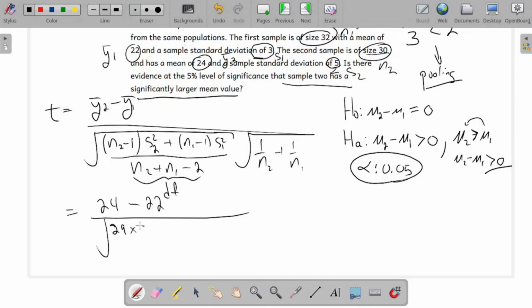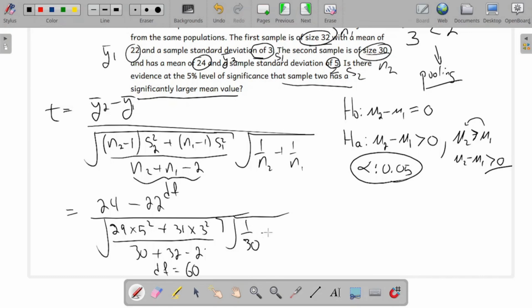And that is 5. First sample is size 32, so we put a 31 here, and its standard deviation was 3, so we'll square that. So we have 30 plus 32 minus 2, which means our degrees of freedom are 60. This will be 1 over 30 and 1 over 32 on this square root.